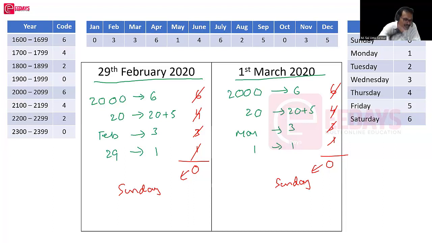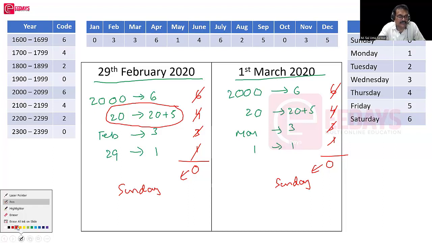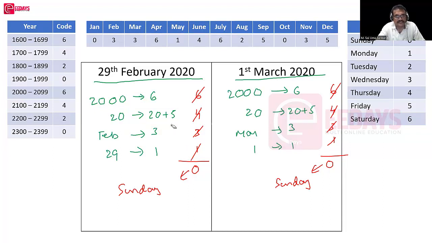So where does your mistake come? The mistake is at this point. If you can correctly identify that mistake, you will do miracles in examination. That is very, very important. See, all of you observe carefully. Here this is 5 and this is 5. When do we count a leap year?